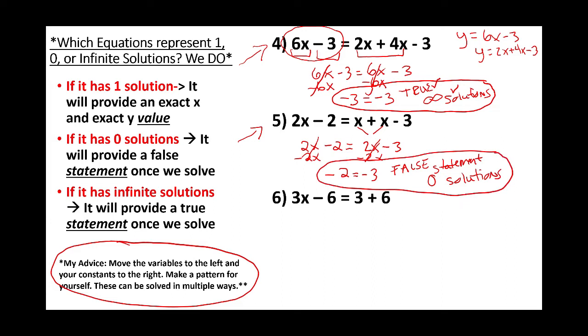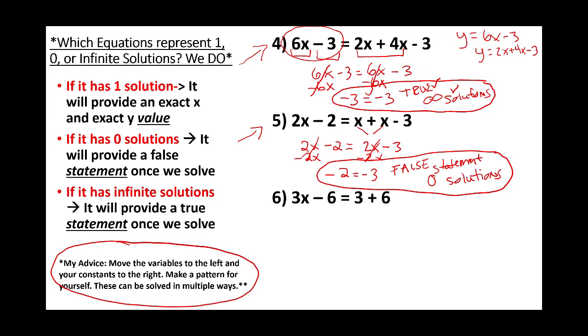And keep in mind that as you are solving it differently, my false statement that says -2 equals -3 does not need to match your false statement. For example, if you solve this and somehow you got -5 equals -1, that's also a false statement.